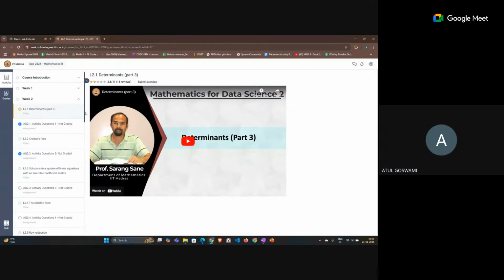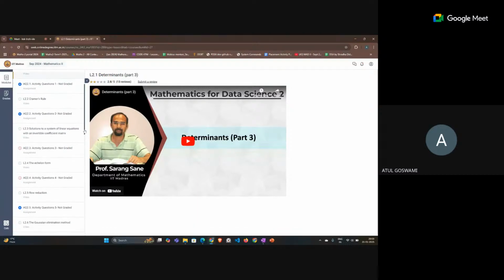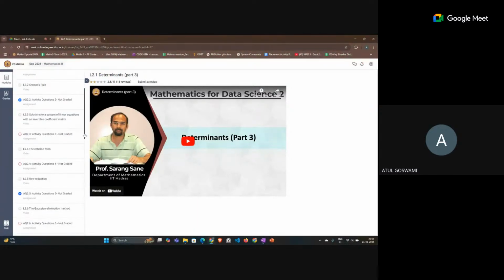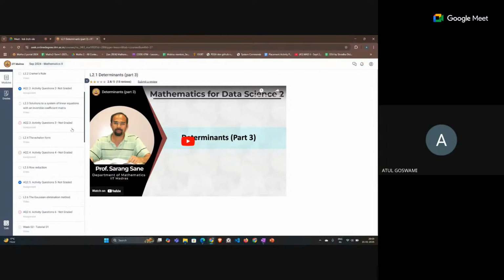Okay. And after that we have echelon form, and this echelon form is used actually to find all forms of solution. Suppose a system has infinite solutions, then we can find them by using the Gaussian elimination method, which uses echelon form. So that's why echelon form is important.